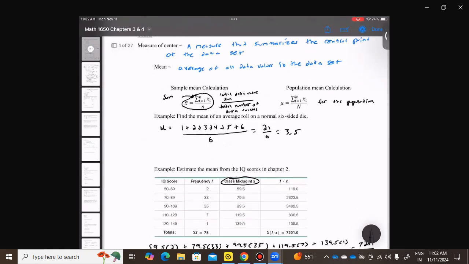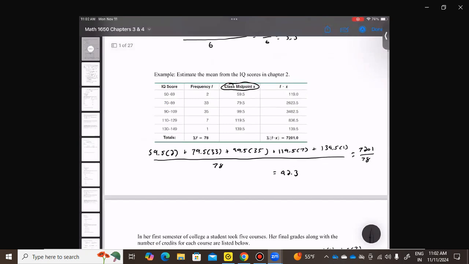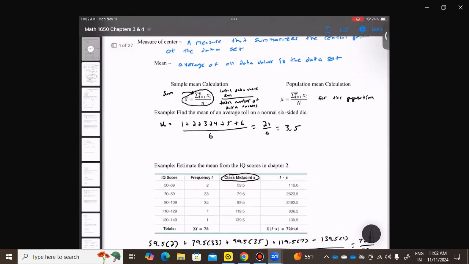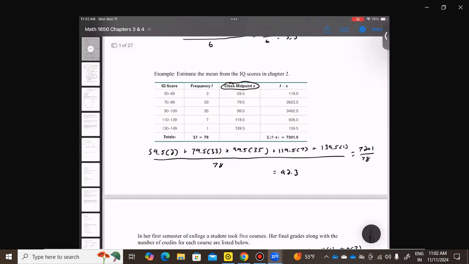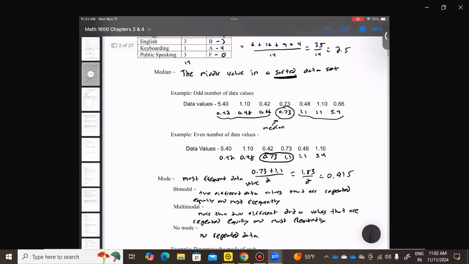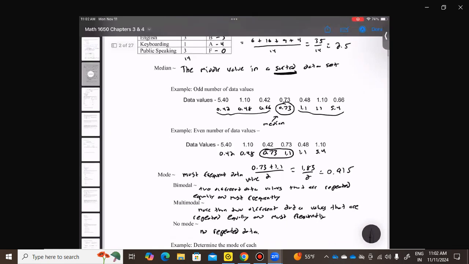The median doesn't take into account every number. It takes into account only the middle 1 or 2 numbers. But it's not really pulled because it doesn't take into account outliers.